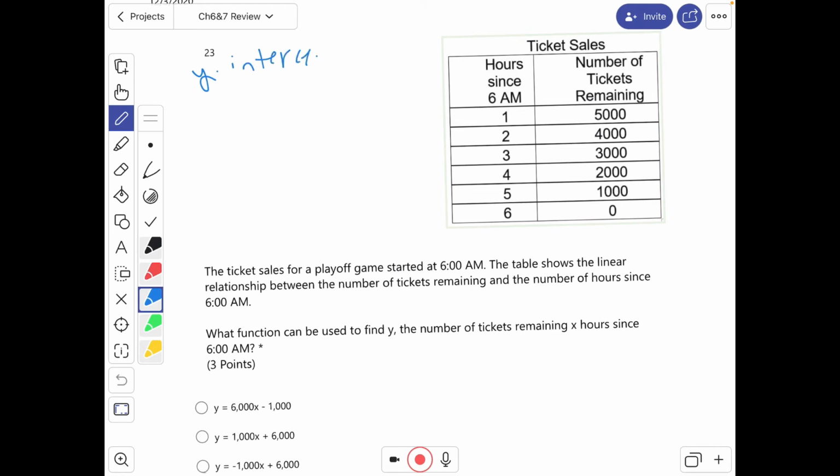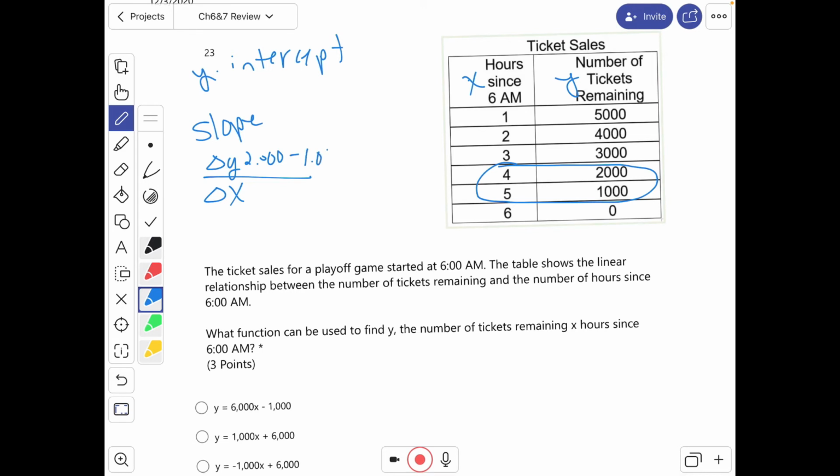To write an equation, we're going to need a y-intercept and a slope. Slope is where we subtract the 2 points, so we just need to pick a couple of intervals. It doesn't matter which ones. I'm picking those. So the y would be the number of tickets, and hours is the x.